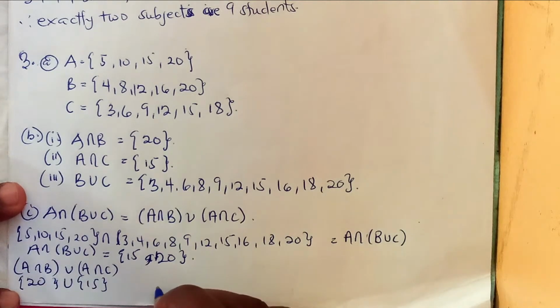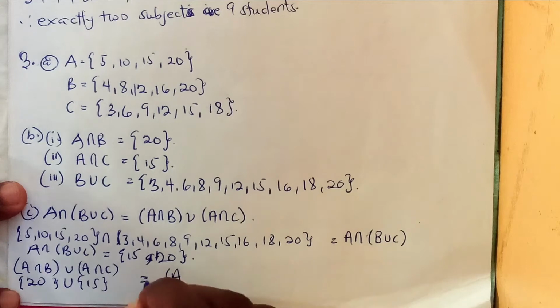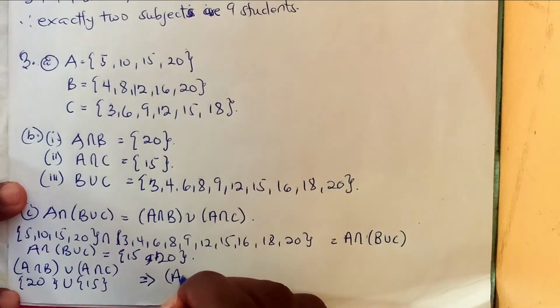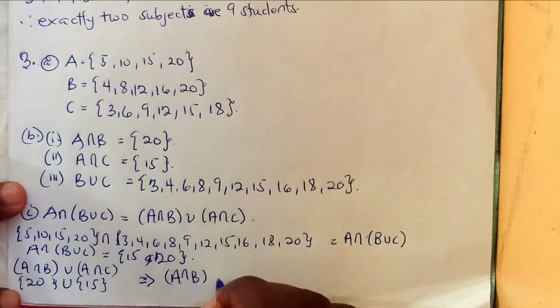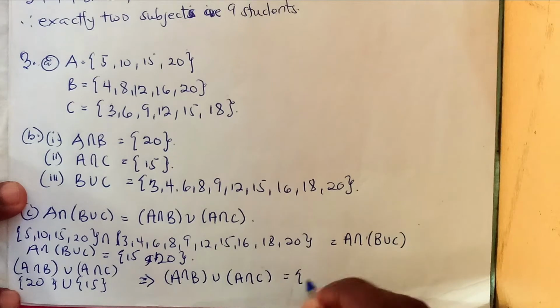We are uniting them, so therefore this gives us an answer. That's A intersection B union A intersection C equals 15, 20.